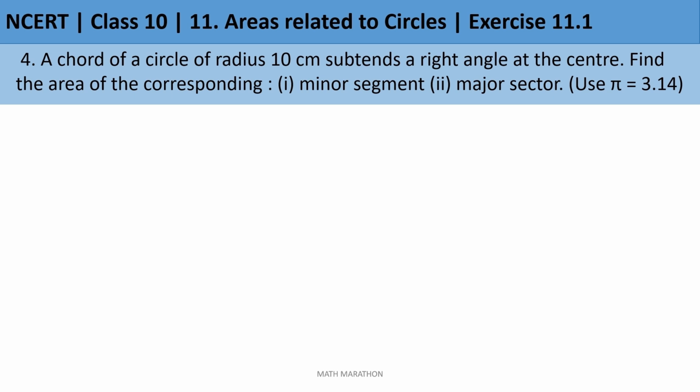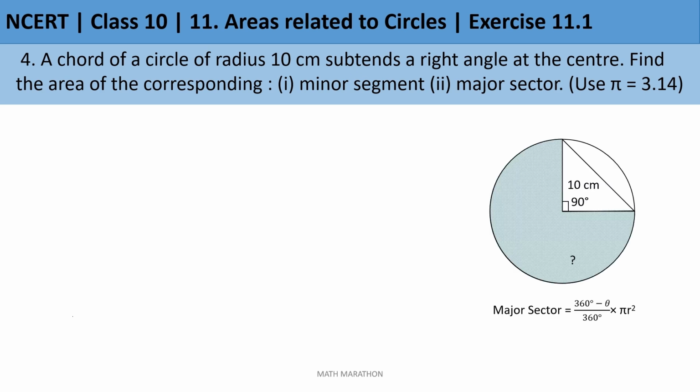Now, let us see section 2, major sector. I have drawn a diagram showing a major sector. Major sector is equal to 360 minus theta divided by 360 multiplied by pi r square. We have the following information: theta is 90, radius r is 10 centimeter, and pi is 3.14.